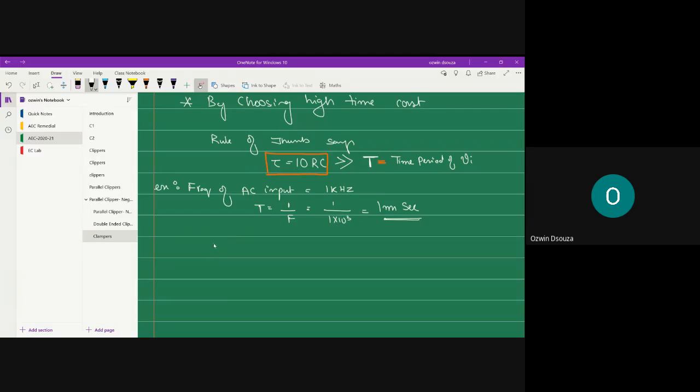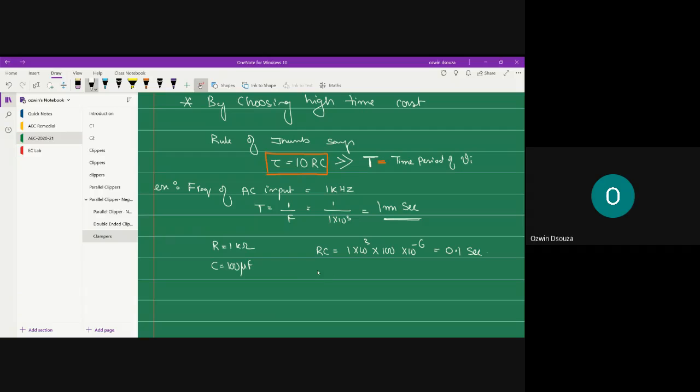For example, let's say I choose R equal to 1 kilo ohm and C equal to 100 microfarad. What do I get? I get RC as 1 kilo into 100 micro, so that's about 0.1 second.